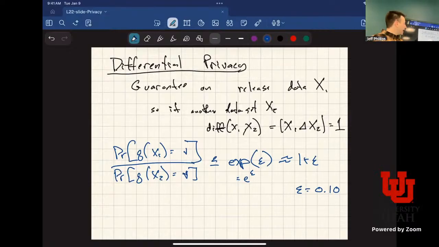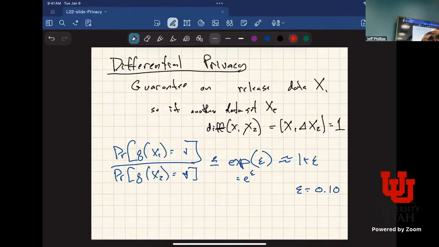Let's consider a neighboring data set that does not have my data in it, so the difference is off by 1. I can make a differentially private query on x2, and there's also a chance that it reports the same thing. What's the ratio of those probabilities? If those probabilities are always close, then I say this is differentially private.